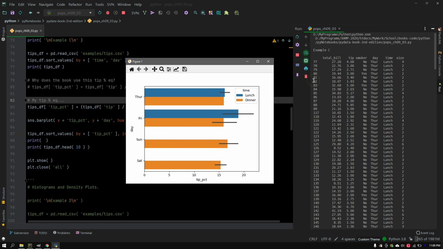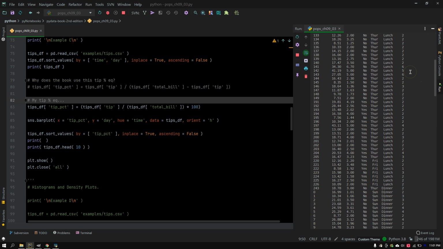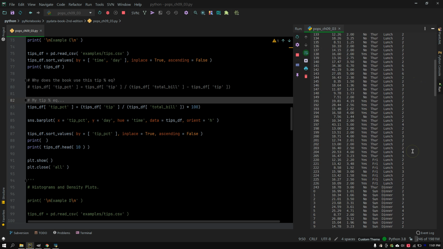If you notice, the data frame has the total bill, the tip given, whether it's a smoker or not. I sorted it by day of the week. And yes, it's true that for Thursdays we seem to have lunch only. See, there are no dinners for Thursday.